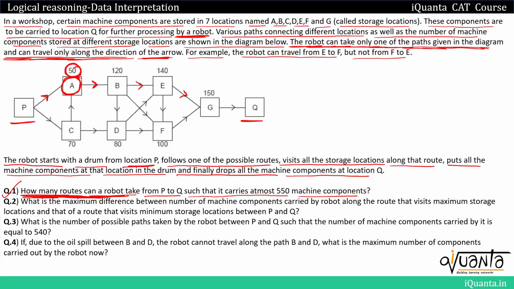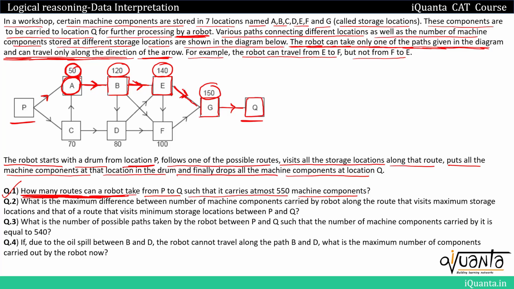Now he moves forward, reaches B, then he puts 120 components more into his drum. Then again he moves forward along E, he puts all the components at E into his drum. Then he again moves forward, he reaches G. Now he puts these 150 components into his drum, and finally he comes to Q with his drum and dumps all the components at Q. So this was one of the possible routes.